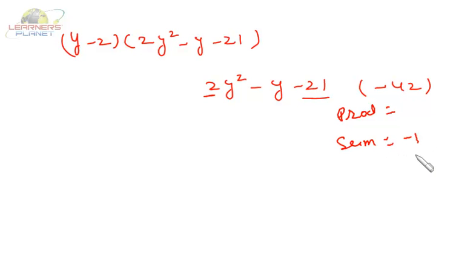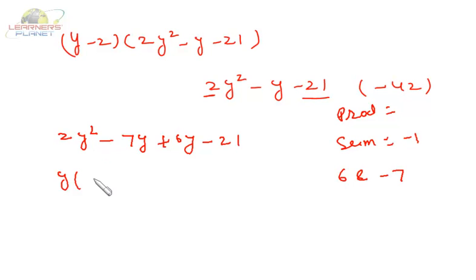Okay, so we can choose two numbers as 6 and minus 7. So if we multiply both of them, we'll be getting minus 42, and if we add, we'll be getting the sum as minus 1. So let's write minus y as 6y and minus 7y. So it's 2y square minus 7y plus 6y minus 21. Now from this we can take y as common. So we'll be getting 2y minus 7.